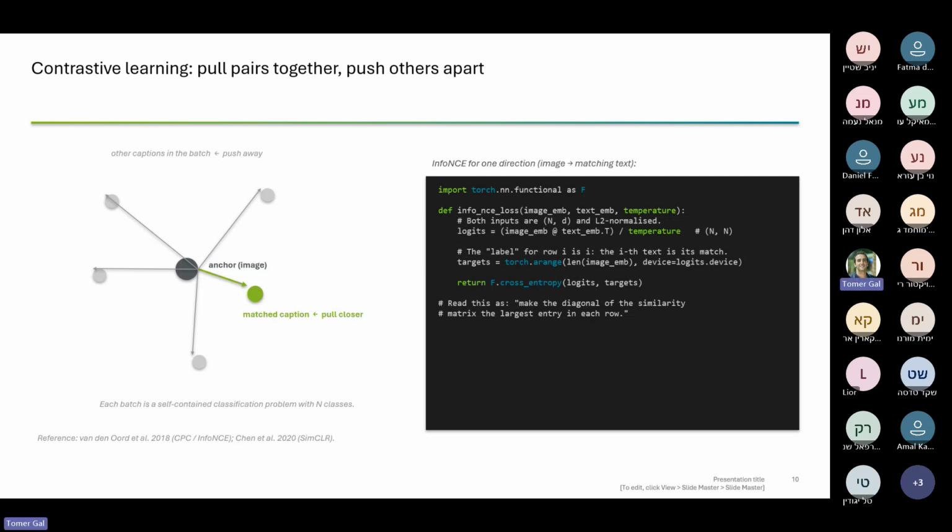CLIP used a batch of 32K. And second, this is a symmetric problem. If we look at image to text, then text to image works the same way. So CLIP averages both of the directions.